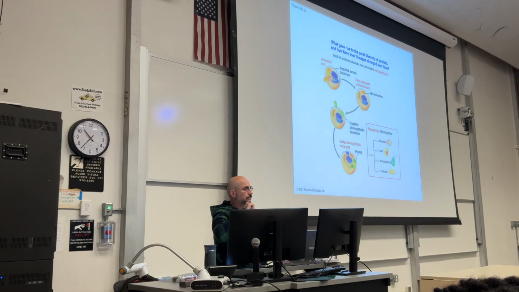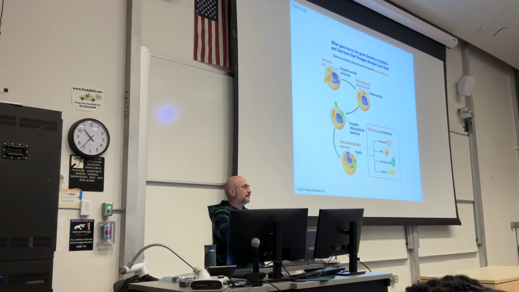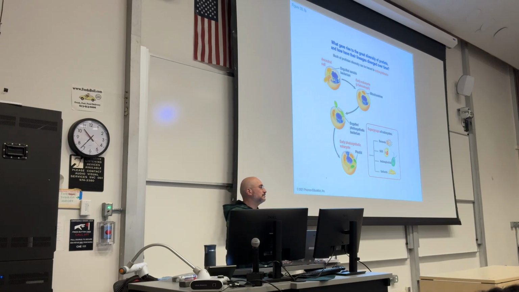The involvement of the mitochondria. The first endosymbiotic process was the mitochondria. And why was the mitochondria important, especially at about 2.4 billion years ago? To produce energy for the cell.